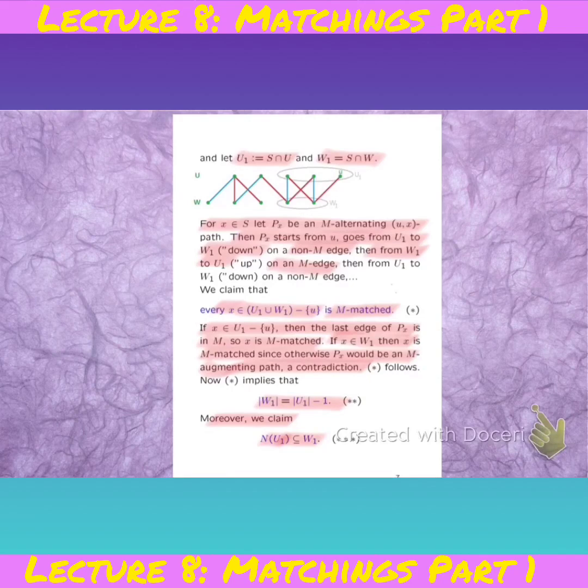Right, so let's assume to the contrary that it isn't. Let's say there's a vertex in the open neighborhood of U1, a vertex in that set that is not in the set W1.